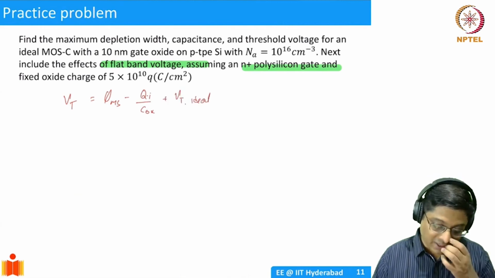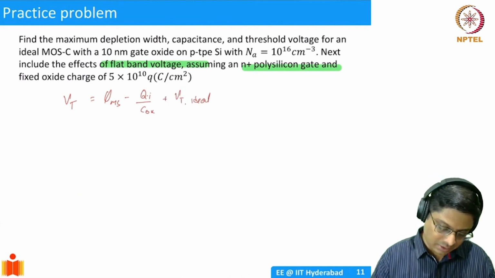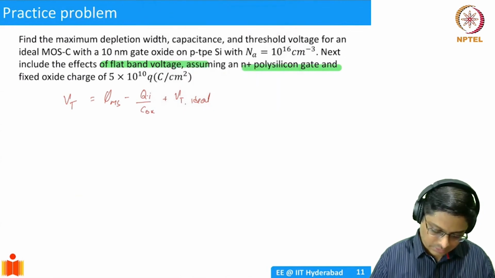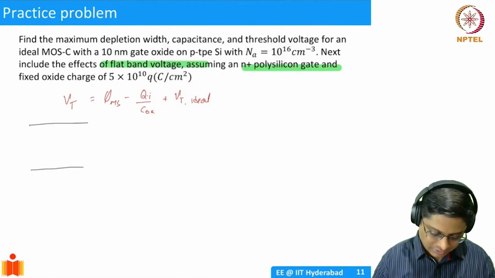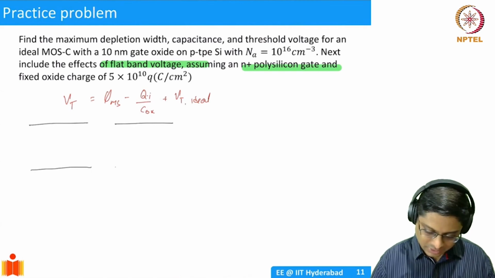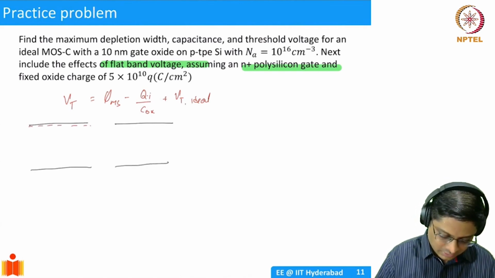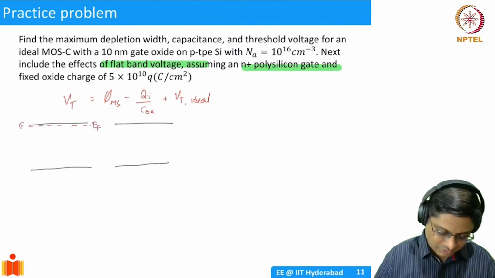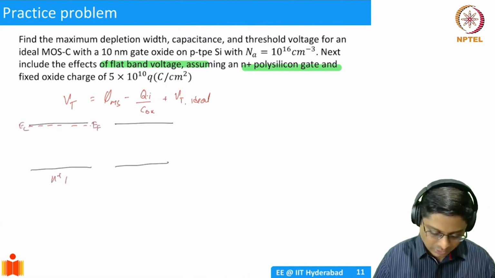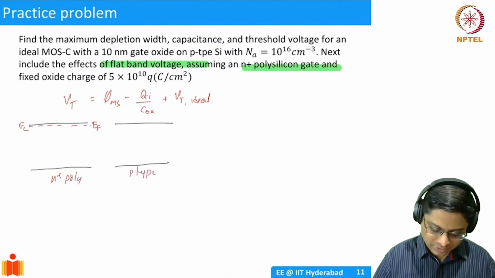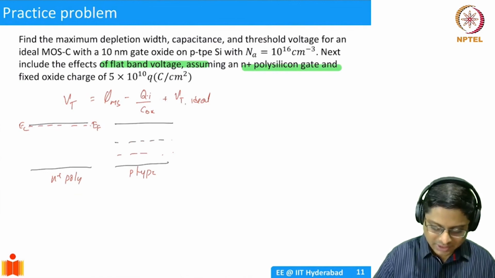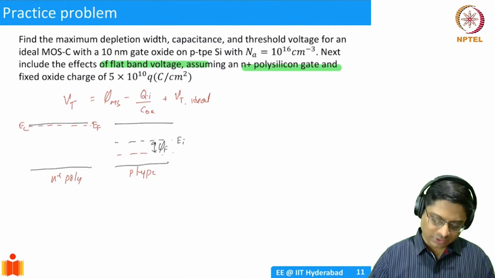What is going to be phi ms? Now it's N plus polysilicon and the substrate is 10 power 16. So I'll make my EF almost at EC because it's N plus polysilicon. This is P type, so I'll take my EF to be somewhere lower than the middle. This is my EI, and this is going to be my phi F. So what is phi ms now?